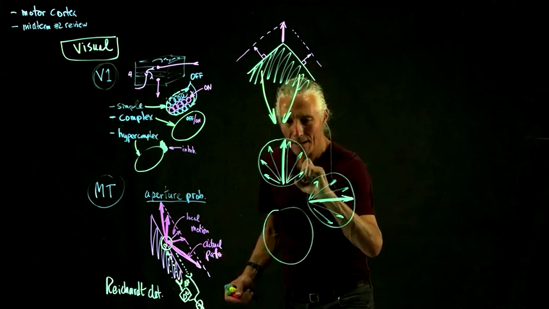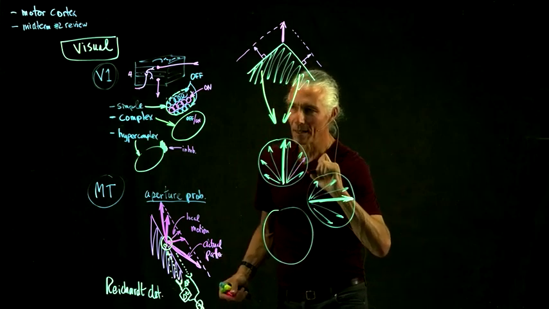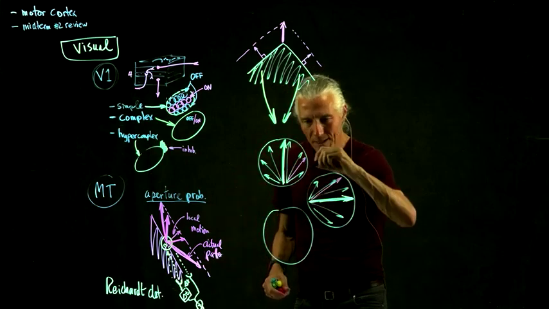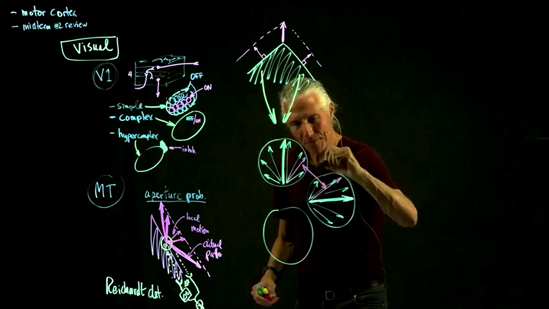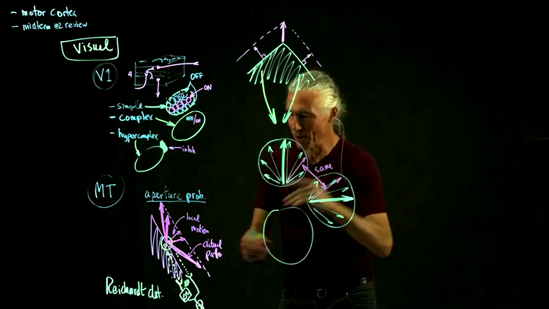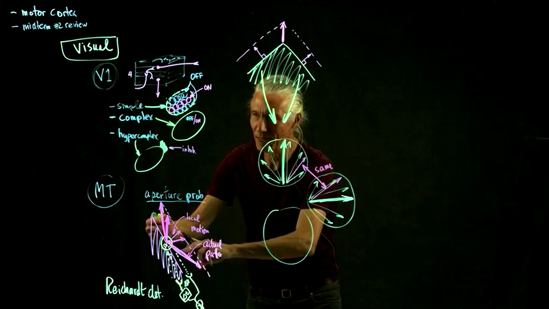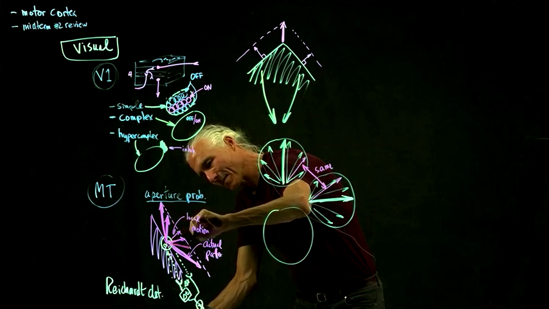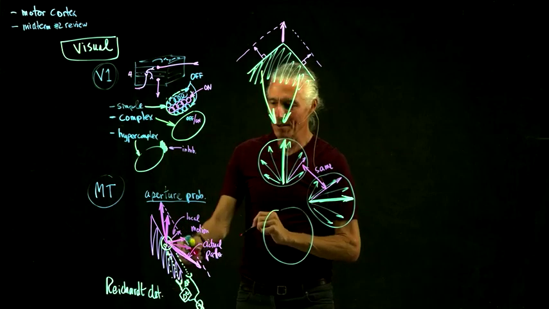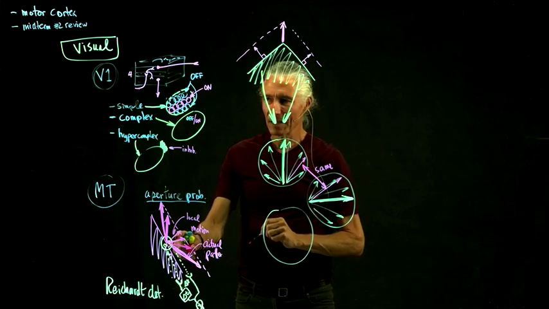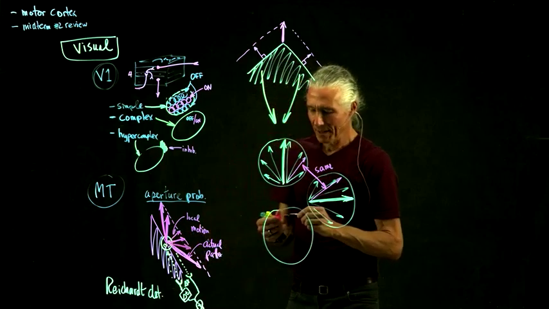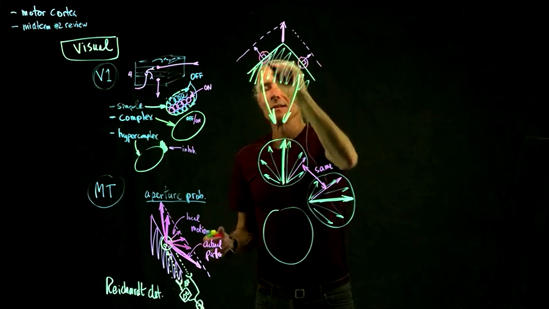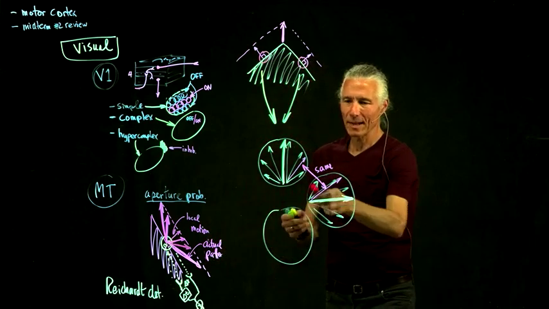And if we happen to get this one over here, it's going to activate two of these, right? Both of these are the same. That's just the same way of looking at this. This one and this one are both possible pattern motions that could have been caused by that local motion. So if you just have one detector, it's not going to work because it's going to activate multiple ones of these.